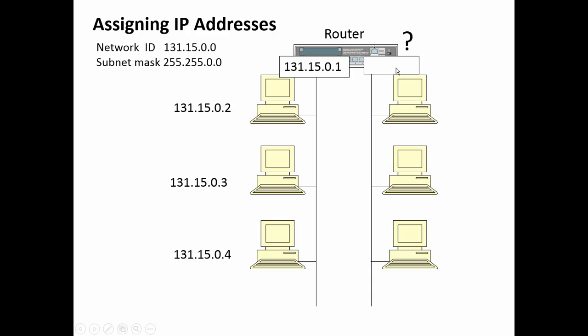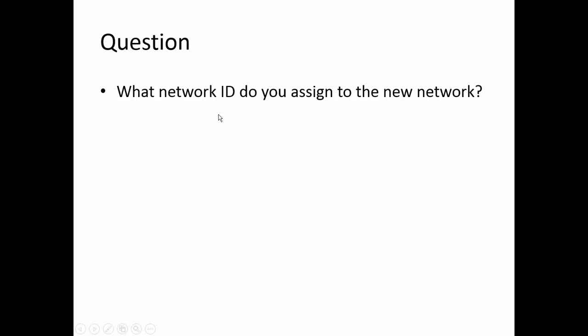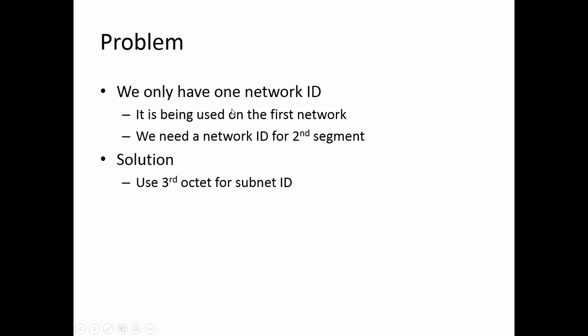How about 131.14? No, can't use that. Building A is using that. How about 131.16? No, can't use that. Building C is using that. So what can we do to get an IP address, or I should say a network ID, for this additional network? The question is, what network ID do you assign to the new network?